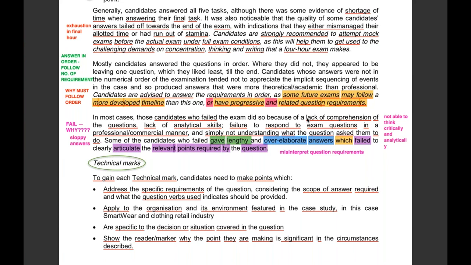For my students, what I did from the beginning of the class, for those who are not able to understand the requirements well, is I train them by asking them to read all the requirements. I want them to explain what that particular requirement is actually asking them to do.